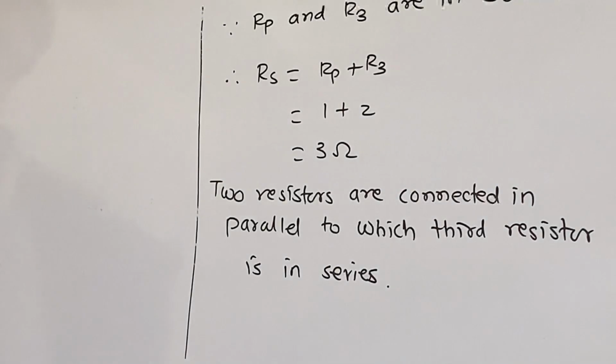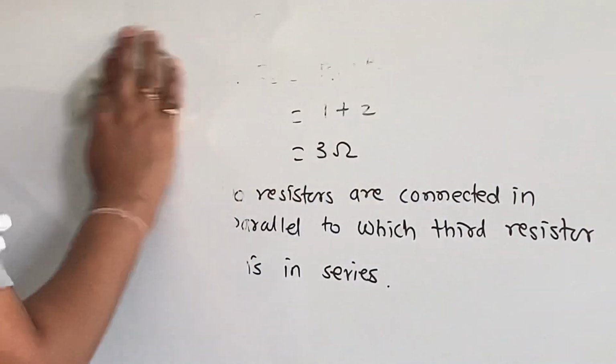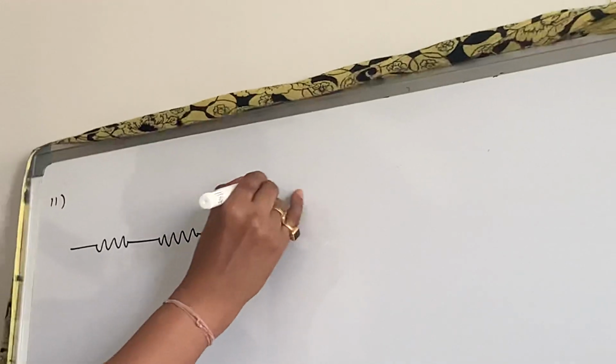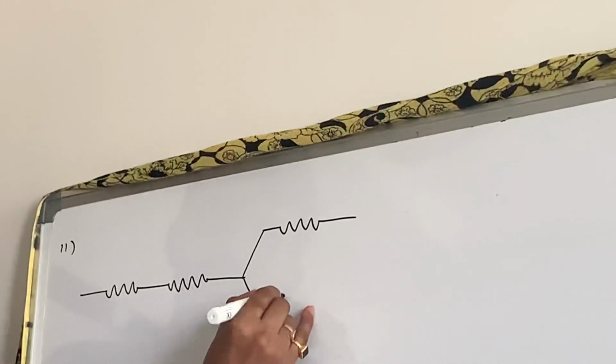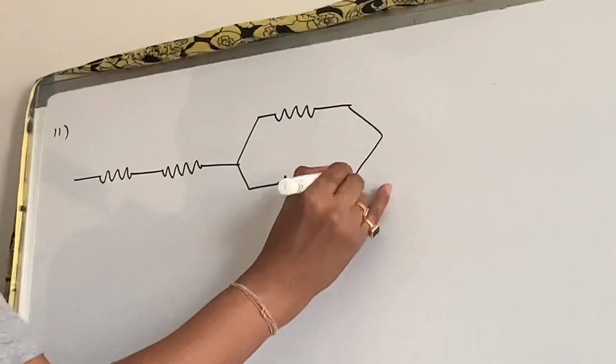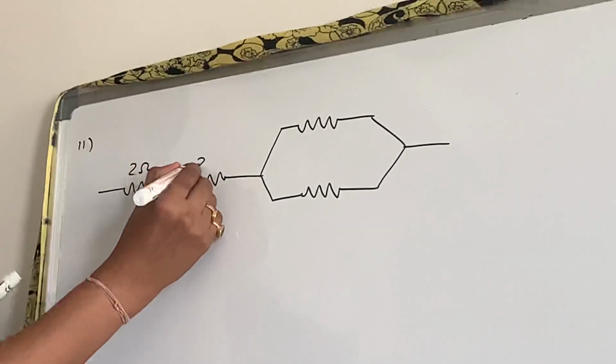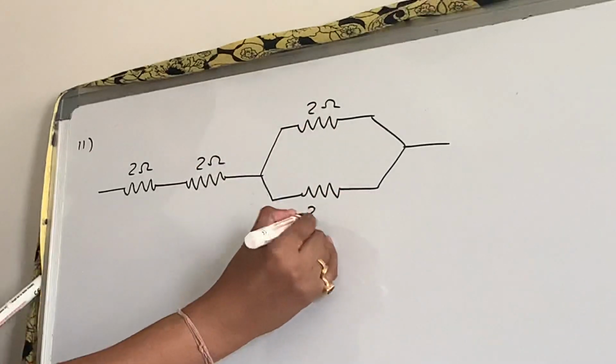Check the next one, that is 10. Tenth question. Now in the 10th question, what is given? There are 2 resistors like this. This is third, this is fourth. Right? Now each is of 2 ohm. This is 2 ohm and this is 2.